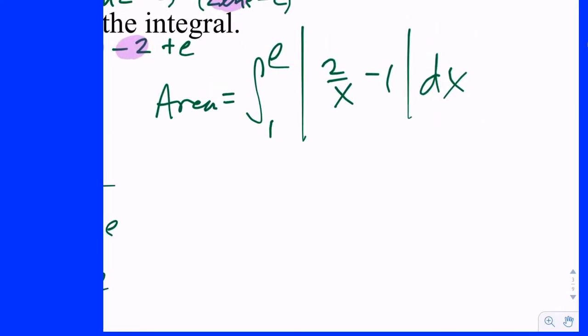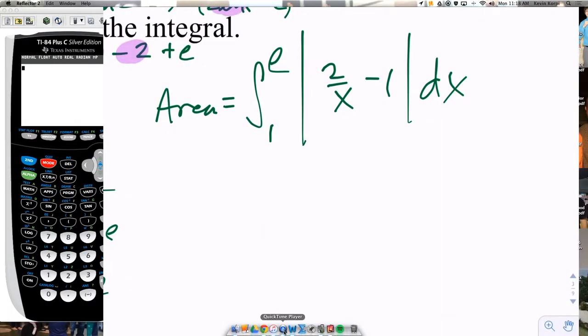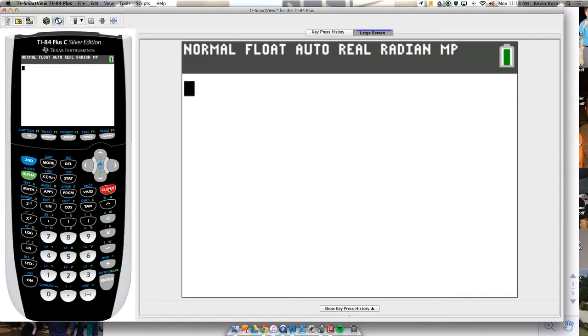And so if we set it up first before we go to the calculator, that's always a good habit to do because you've already thunk out the problem, pre-thunk it out. So math 9 and 1 to e. To get e the number as opposed to e caret open, you can hit second division, or you could say it's e to the first, and then 2 divided by x minus 1.